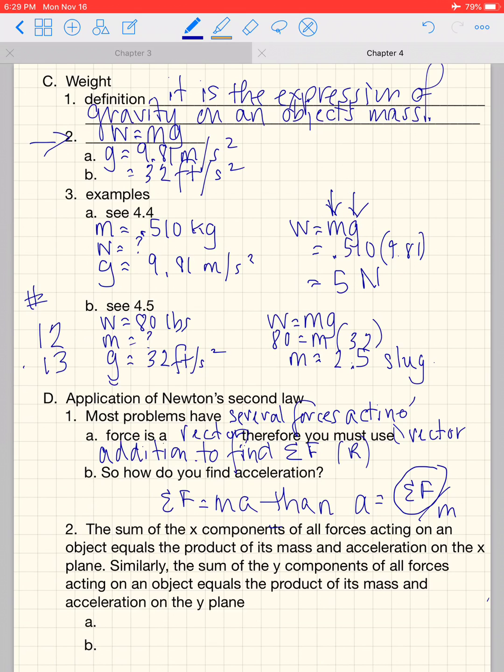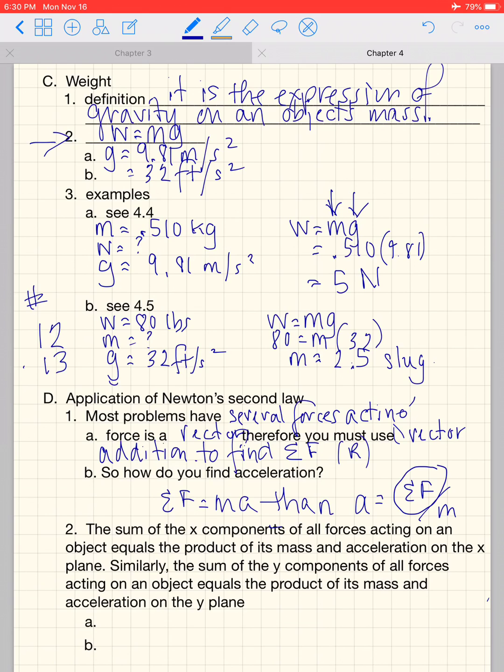So the x forces will produce x acceleration, and then similarly, the sum of the y components of all the forces acting on an object equals the product of its mass and acceleration on the y-plane. So all of the y components of the forces added up are going to create y acceleration, or acceleration on the y-plane.